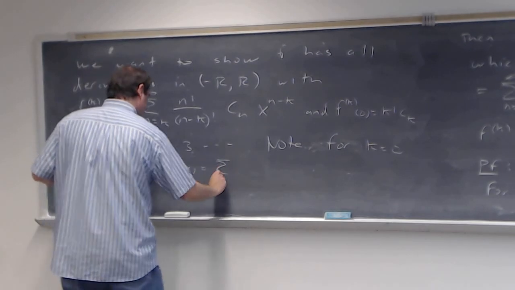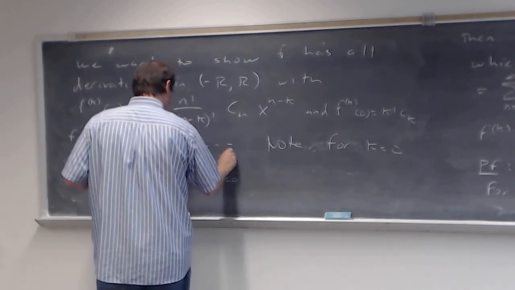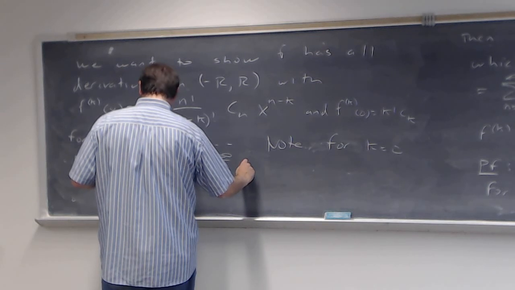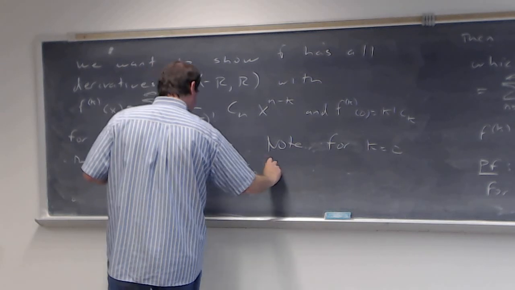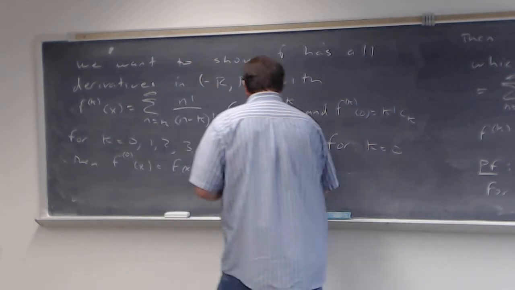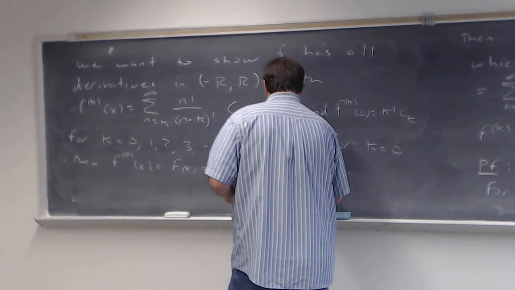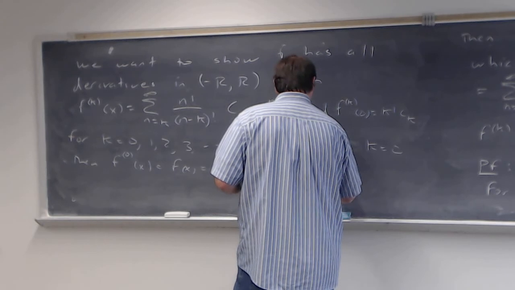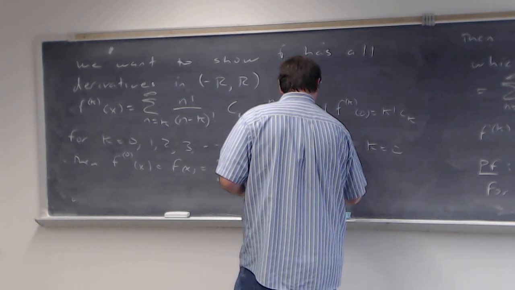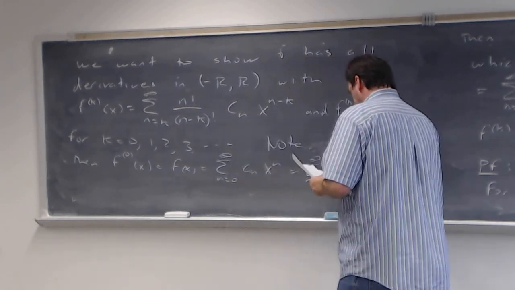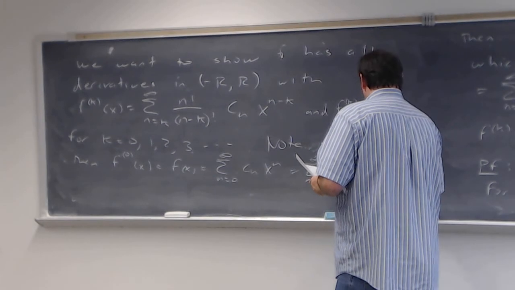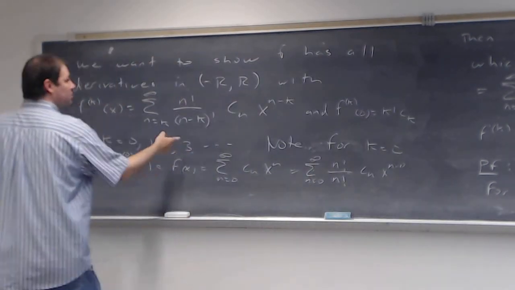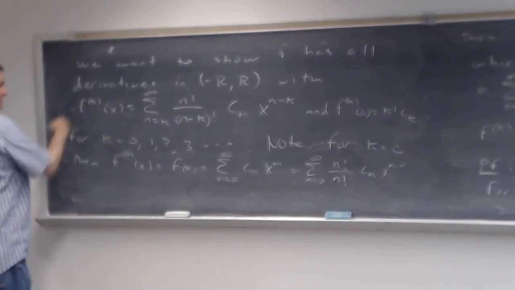And so that's equal to the sum as n runs from 0 to infinity of c sub n x to the n, which indeed is the sum as n runs from 0 to infinity of n factorial over n minus 0 factorial, which is n factorial, that's just 1, times c sub n x to the n minus 0. So that formula is correct.